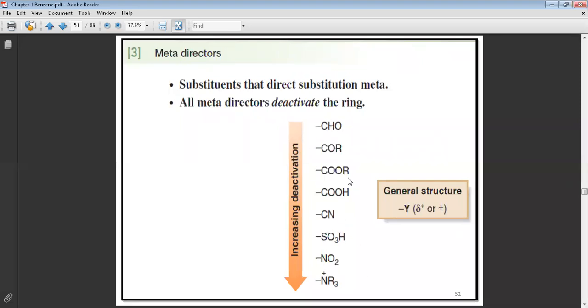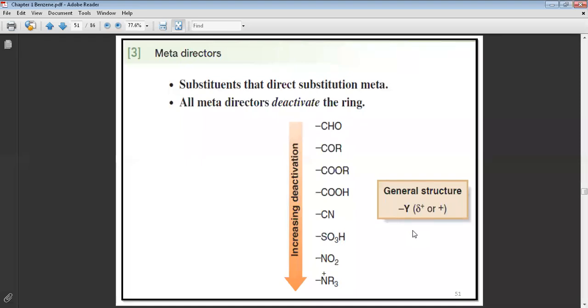Why meta directors? Look at all these atoms here: carbon, carbon, carbon, carbon, carbon, sulfur, nitrogen, nitrogen, all partially positive or positive. We said before that any group with a partial positive or positive charge makes the benzene ring deactivated.